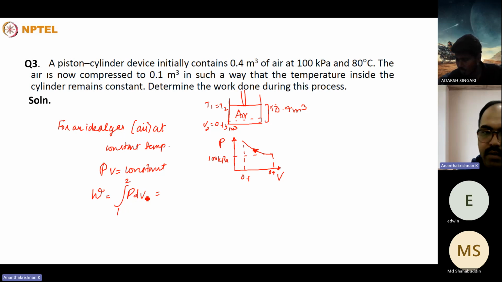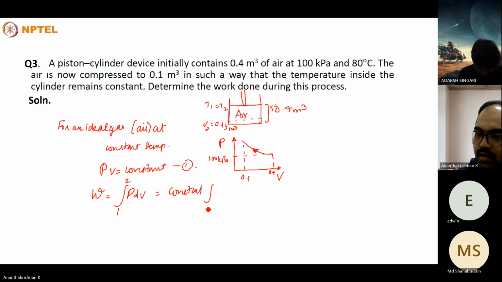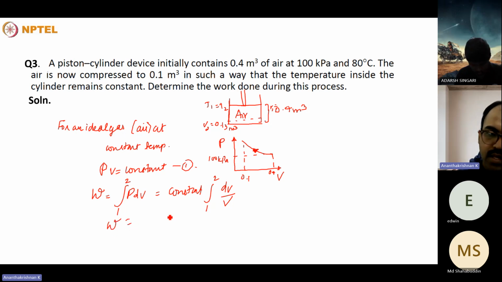Pressure is actually dependent upon the volume used in this equation. So you can write pressure as a constant divided by V, times dV. This can be integrated from process 1 to 2, and you'll get work done as the constant times the integral of 1 by V, which is ln of V2 by V1.